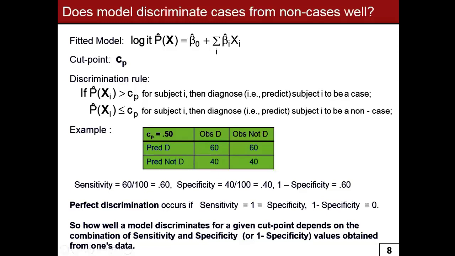That's good. You want to correctly call the people with low probabilities zeros, non-cases. And that's the specificity, 40 over 100. So at the cut point of 0.5, the model had a sensitivity of 0.6 and specificity of 0.4. And for the purposes of the ROC curve, which we'll get to, we also compute this thing called 1 minus specificity, which is 0.6.